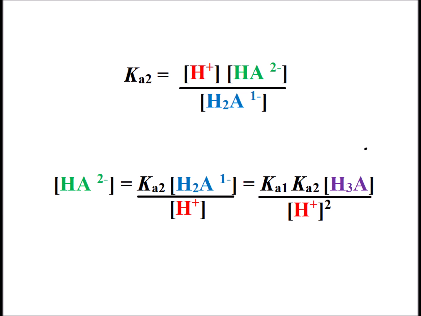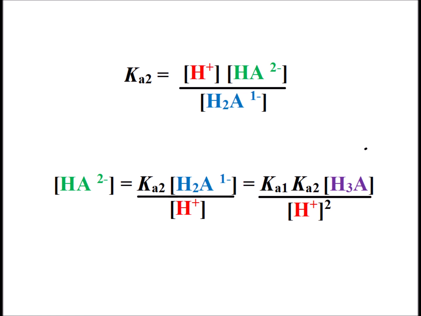We do a similar thing for the acid dissociation constant Ka2. We arrange it to get an expression for the concentration HA2 minus, and it's equal to Ka2 times the concentration of H2A minus divided by H plus.